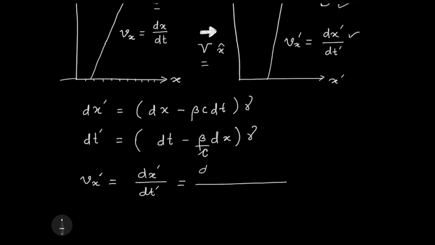So I can just write dx minus beta, which is v by c, so I can just write v here. And in the denominator, this is dt minus, so beta is v by c, so this is now v by c squared times dx.